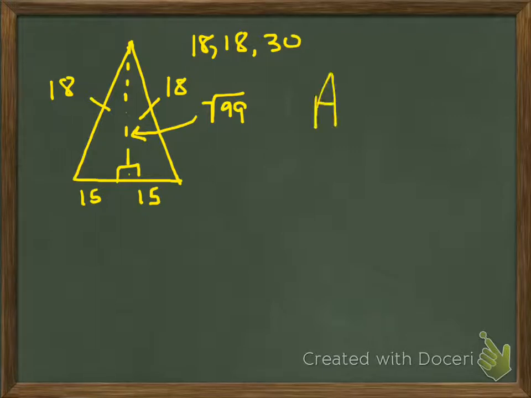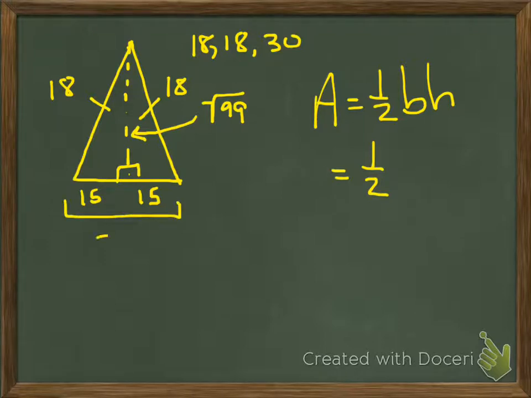Okay, so now we're going to find the area. Area is equal to 1/2 the base times the height. So it's 1/2 times the base of the triangle, remember, is 30. So 1/2 times 30 times the height, which is the square root of 99.